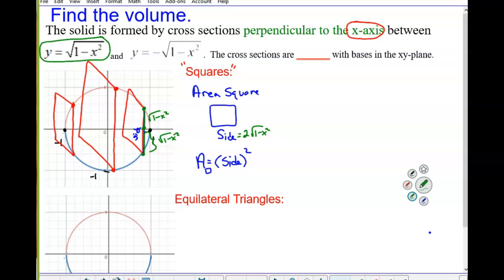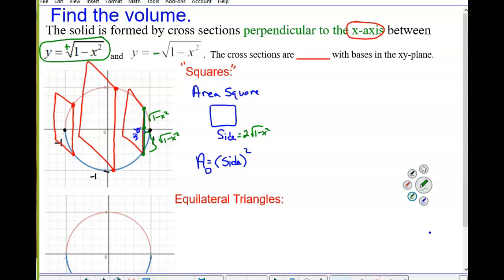Where does the negative square root of 1 minus x squared come from? That's the graph of the blue function. So if you were to graph these two in your calculator, that's how you get a circle. Technically a circle is not a function, so we couldn't graph it without splitting it up as a positive square root and negative square root.